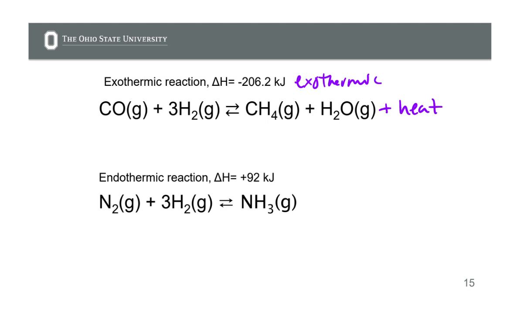So now, if we add heat by increasing the temperature, which way is the reaction going to shift to reach equilibrium? Towards the reactants or products? We're adding heat. It's going to go towards the reactant side.